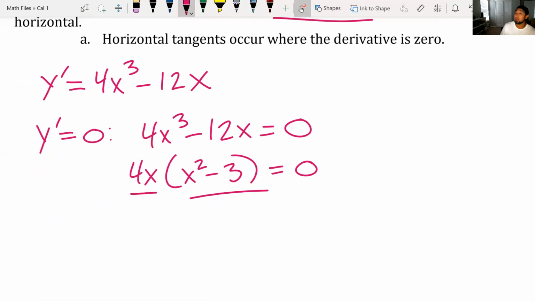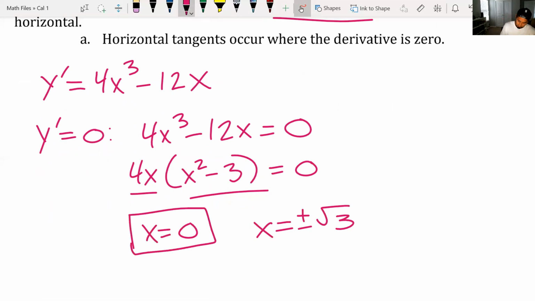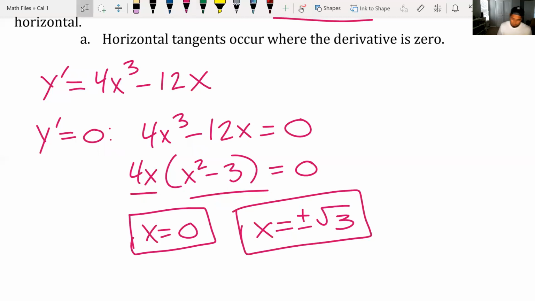Set these equal to 0, and you'll get x equals 0 and x equals plus or minus the square root of 3. At these x values, a horizontal tangent will exist.